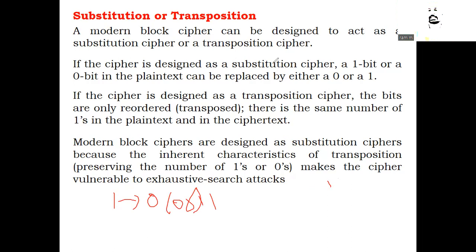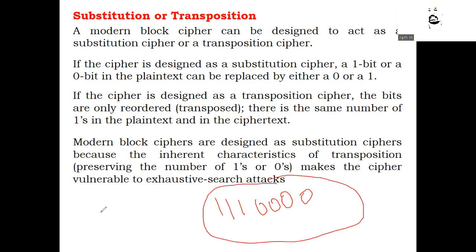But in the transposition cipher, for example, if I have 3 ones and 4 zeros, the number of ones and zeros will be the same; they are simply rearranged, maybe as 0 1 0 1 0 1 0. If you observe here, in the transposition cipher the same values, 3 ones and 4 zeros, are just rearranged.